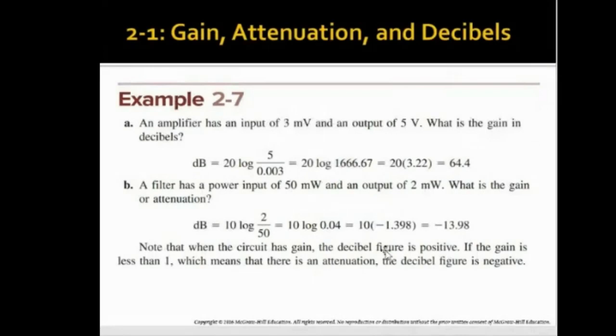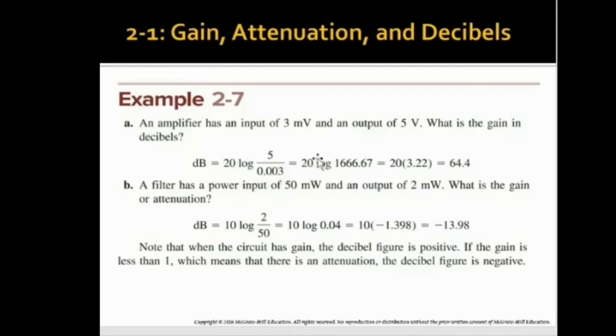So we have one example here. An amplifier has an input of 3 millivolts and an output of 5 volts. What is the gain in decibels? We write that equation: 20 log base 10 of 5 volts divided by 3 millivolts. We convert 3 millivolts to volts, which becomes 0.003.